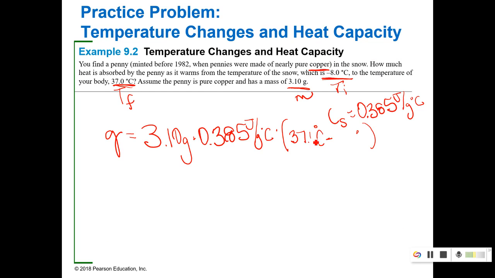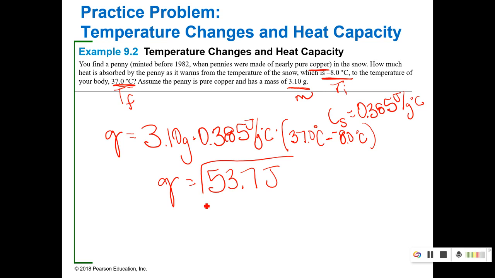It should be 37 degrees because it's final minus initial, minus -8 degrees. Do make sure you either do that subtraction first or you just use the parentheses like I wrote it. I get that Q is equal to 53.7. And remember that unit is joules. So the Celsius crosses out, grams crosses out, and all we're left with are the joules.